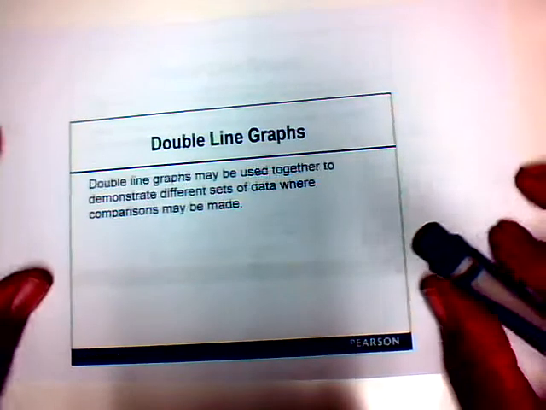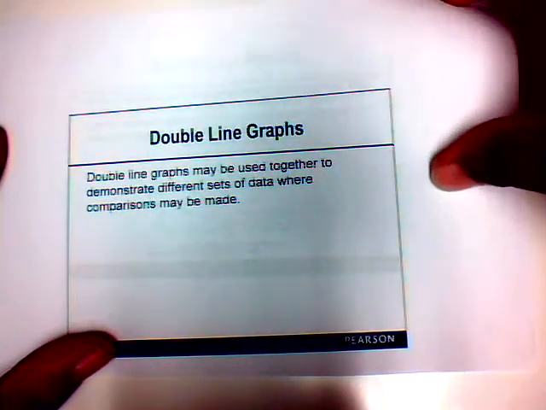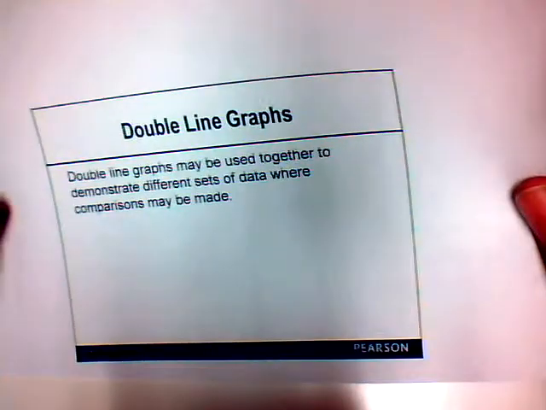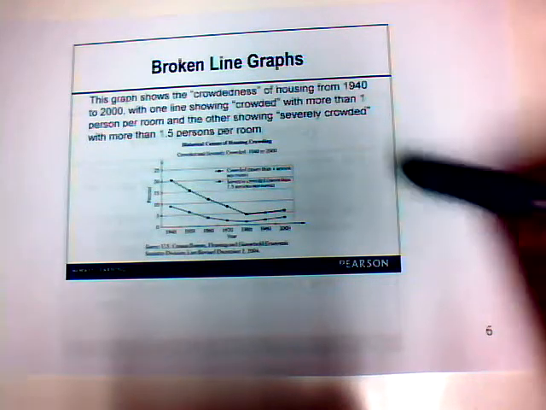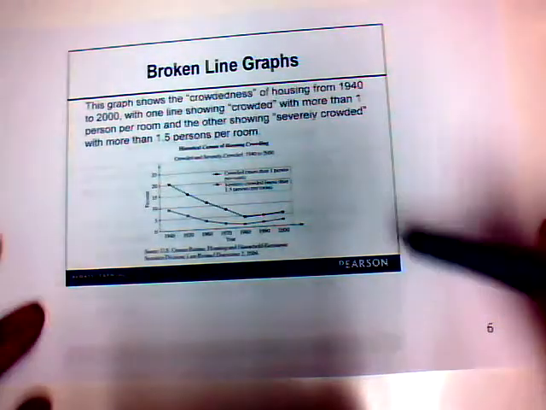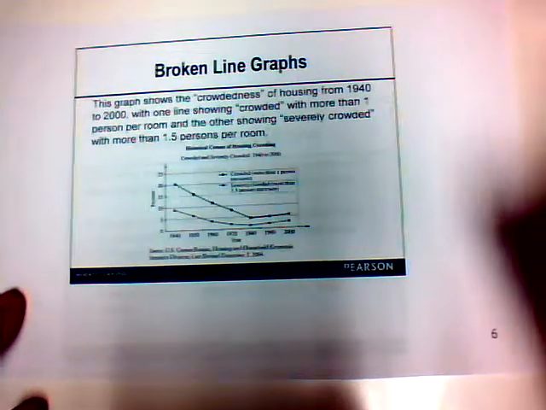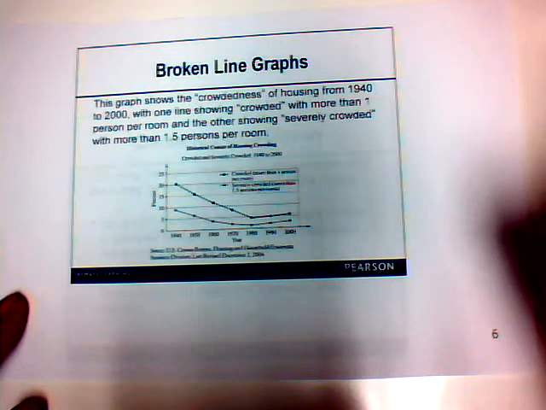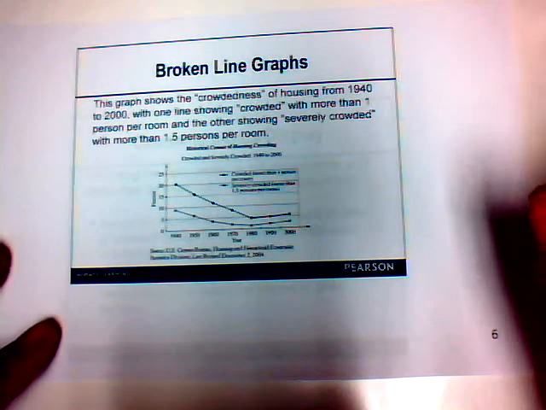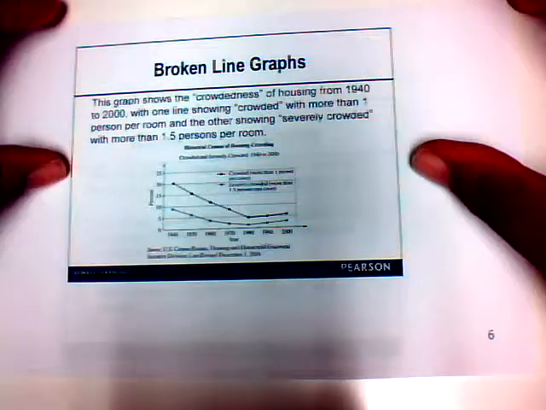Also, you have double line graphs. Double line graphs may be used to demonstrate different sets of data where comparisons may be made. Let's look at a double line graph like this one. In this case we have what is called a broken line graph. The graph shows the crowdedness of housing from 1940 to 2000, with one line showing crowded, with more than one person per room, and the other showing severely crowded, with more than 1.5 persons per room.